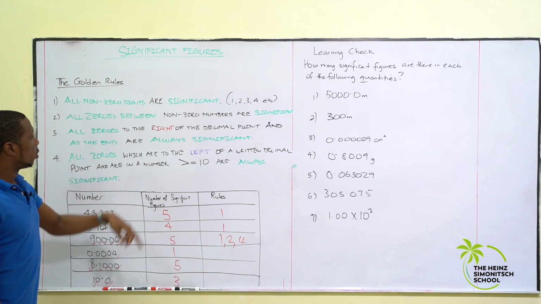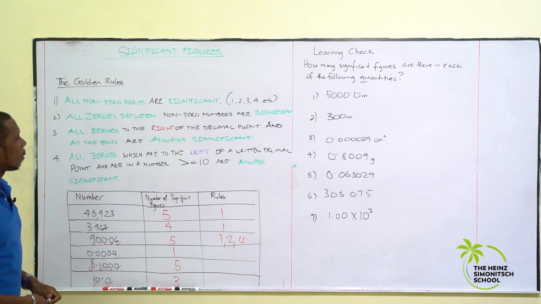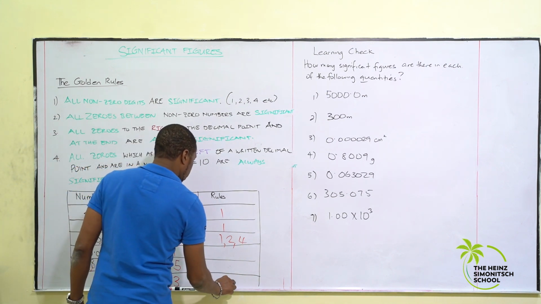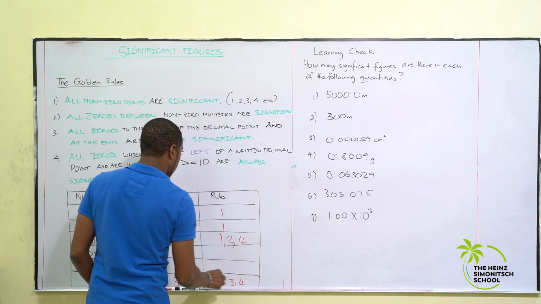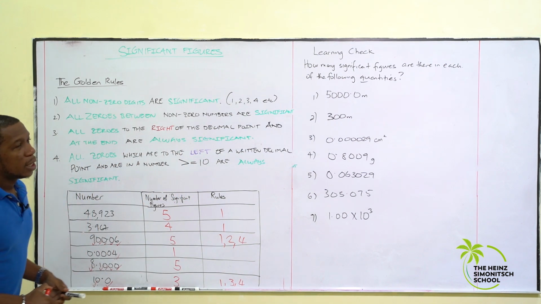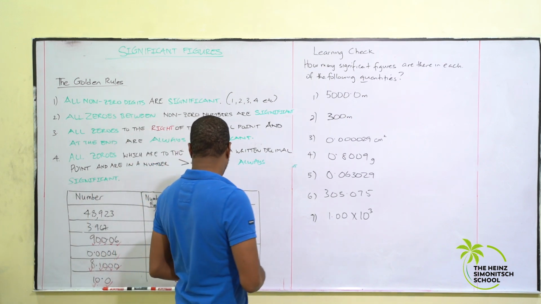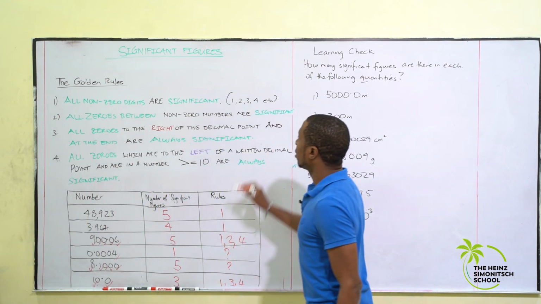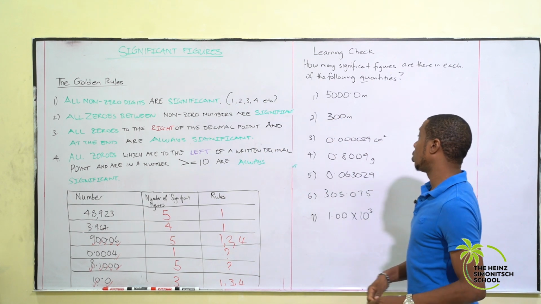So all zeros which are to the left of a written decimal point are always significant. You can put these in to identify which one of those rules those are.